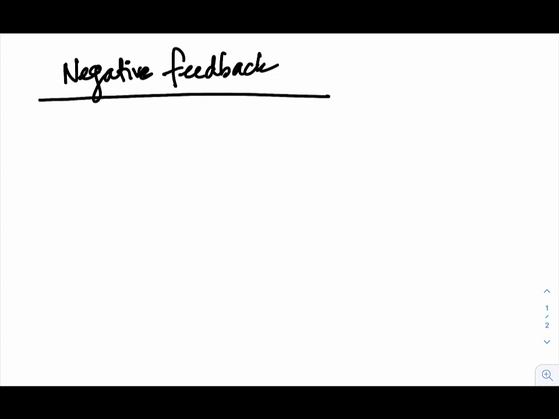One really good example of negative feedback is blood glucose regulation. Insulin and glucagon are responsible for blood glucose regulation. So let's think about what happens when you eat a large meal full of sugar. Lots to digest and lots of glucose has just entered the body.